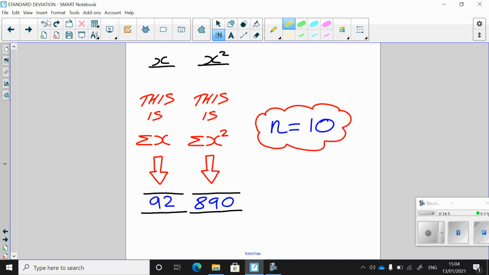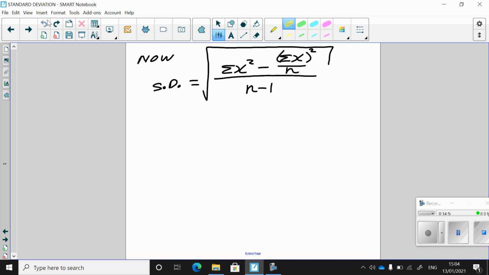Right. Let's go and get this formula. There it is. So we're going to put in our numbers here. You might remember, that was sigma x squared, that was the second total, and was that 890 in our example? I think it was.